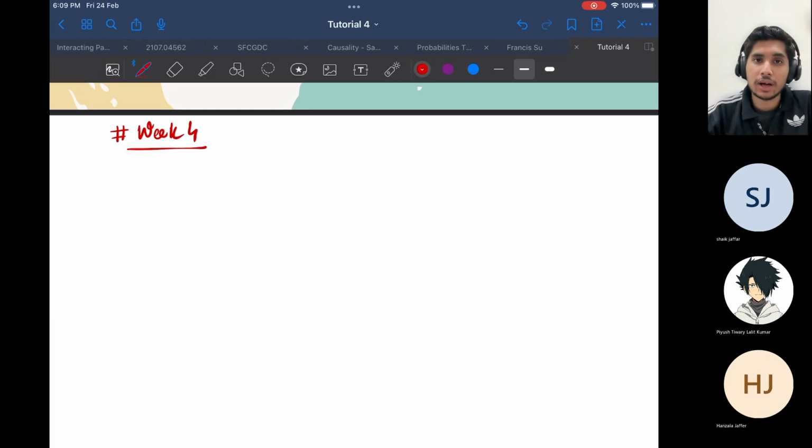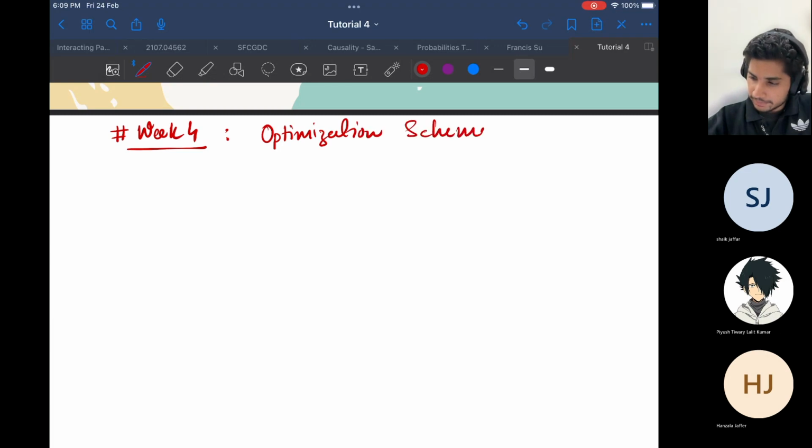We saw how each of these schemes tries to tackle the problems of the previous schemes. Week 4 was mostly associated with optimization schemes.